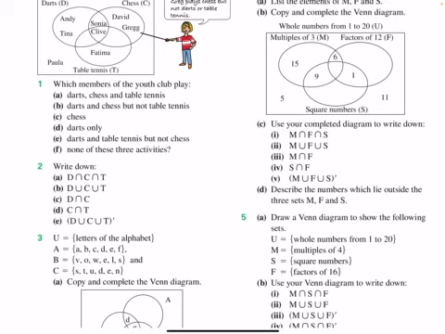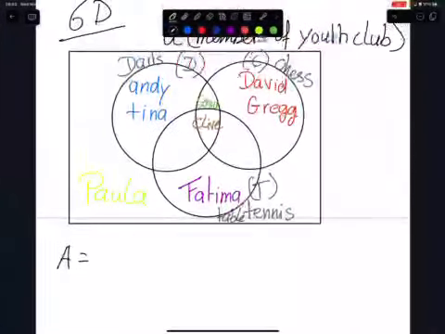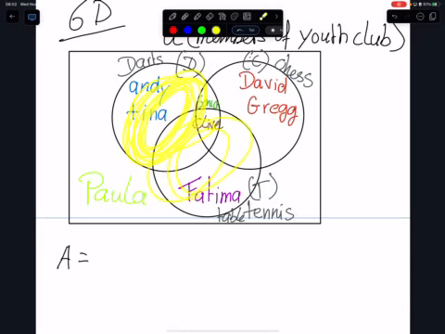You have to do 3 things. So looking at the Venn diagram, these people have to be in darts, those people have to be in table tennis, and they have to be in chess. Which person is in all 3 of them?